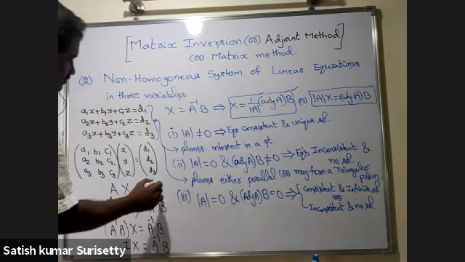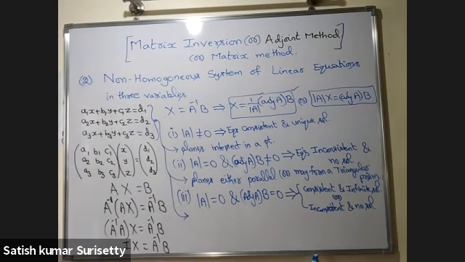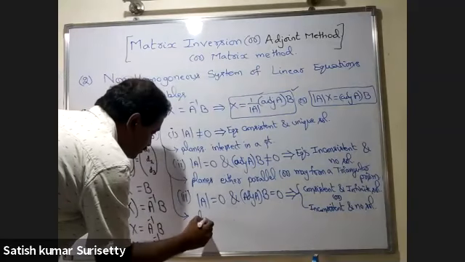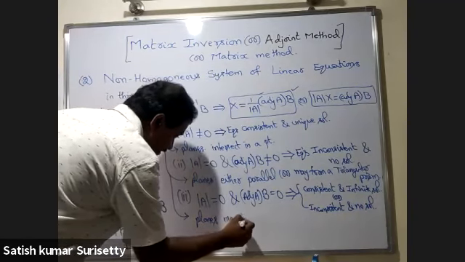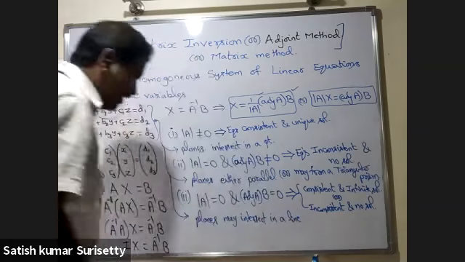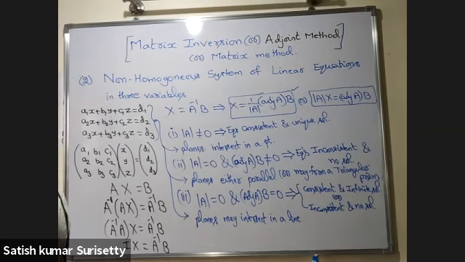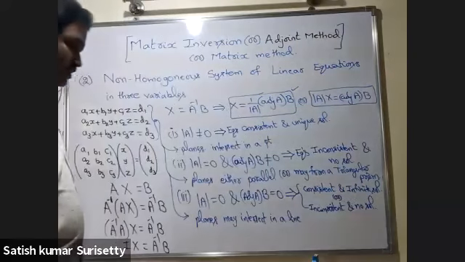Geometrically, under this case, the planes may intersect in a line, for the case of consistent and infinite solutions.